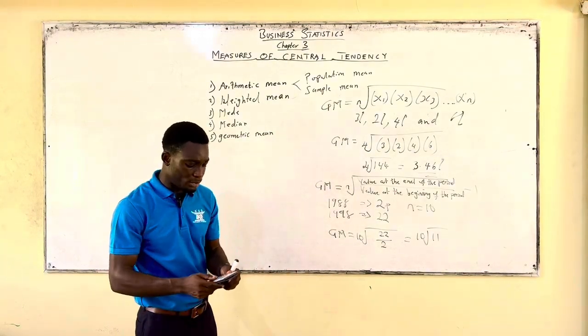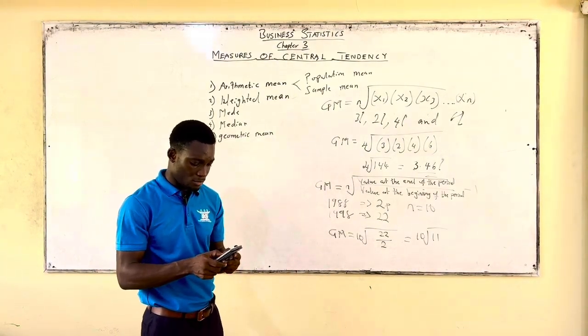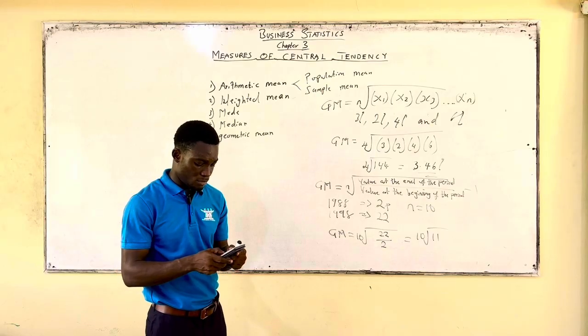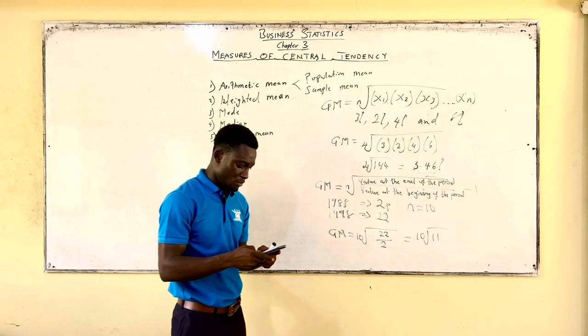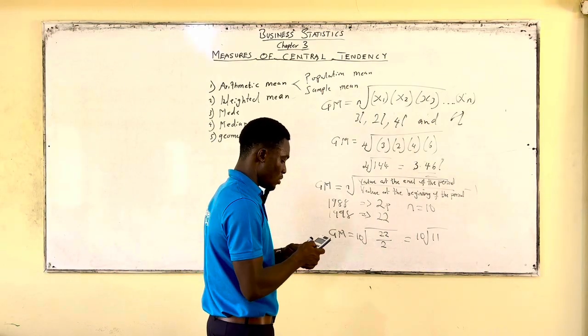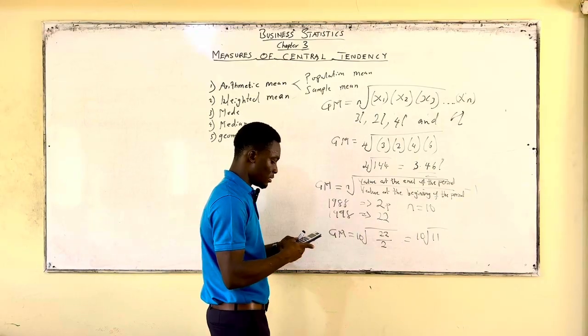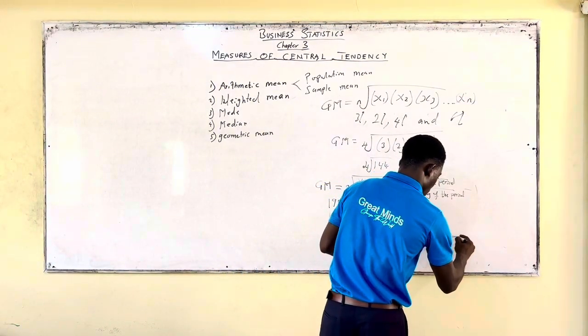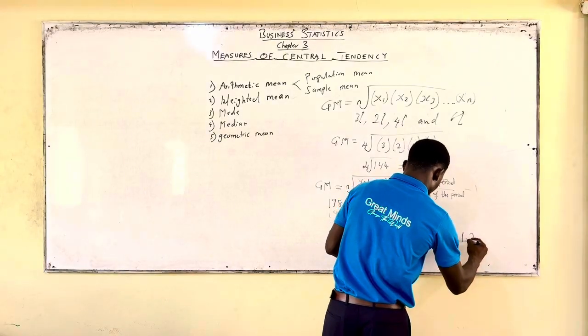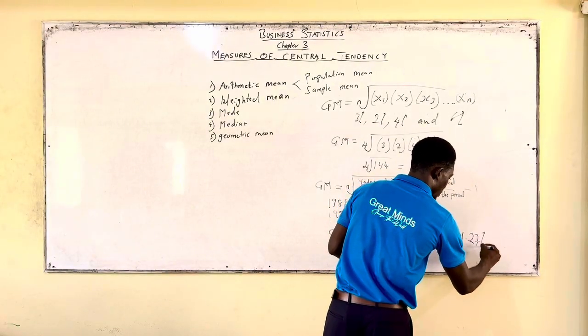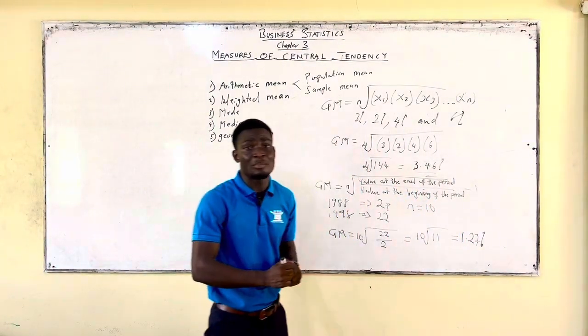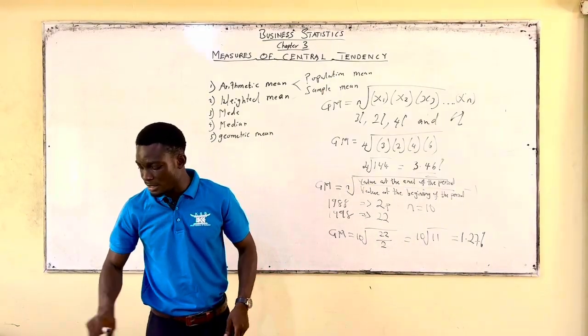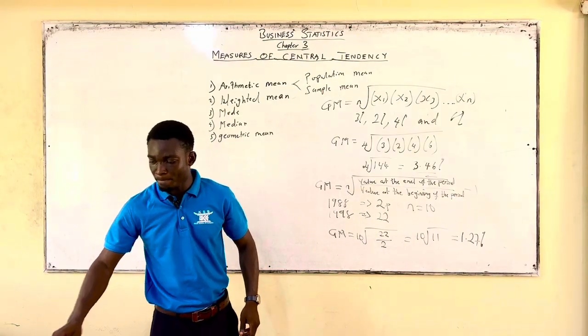And the 10th root of 11 is going to give us what? 1.27%. And that is the percentage increase in the period.